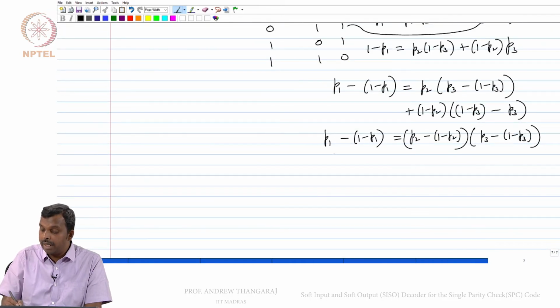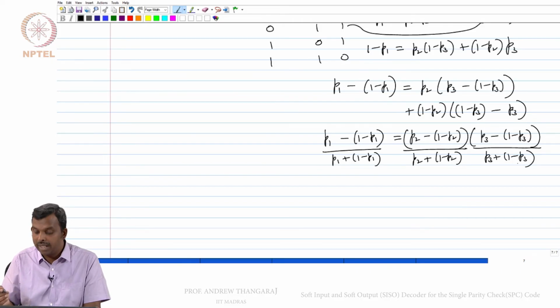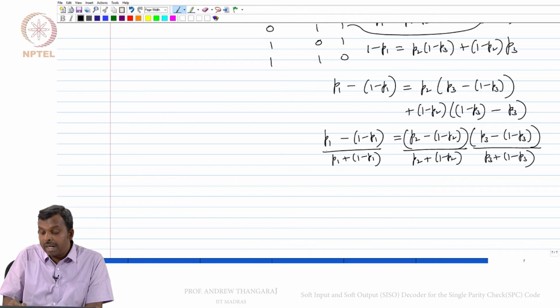It turns out you can divide throughout by this, basically divide throughout by 1 and write 1 as different things here. This is allowed, it is all just 1, I am writing it in a different way. Now I can divide the left hand side ratio by P1, this ratio by P2, this ratio by P3.